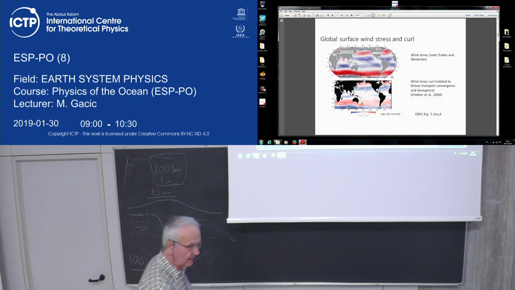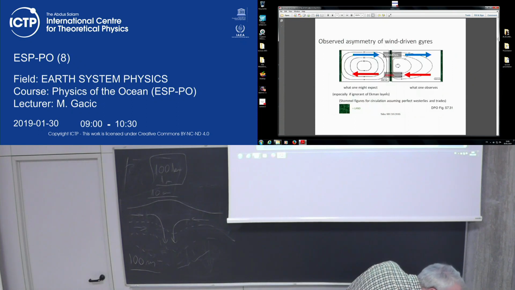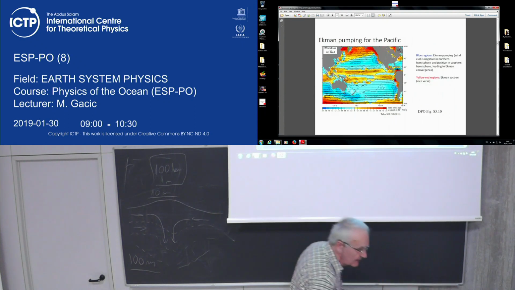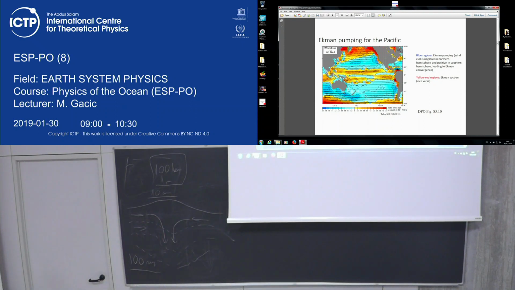We have talked a lot about this in westward intensification. And this is the asymmetry that we have talked about plenty of times. And here is the Ekman pumping associated to this wind stress curl. The Ekman pumping, which is negative, is in the bluish areas, and the reddish or yellowish areas are the Ekman suction.